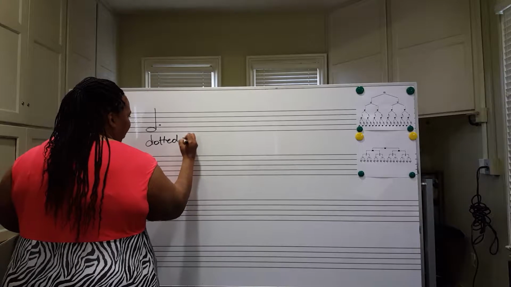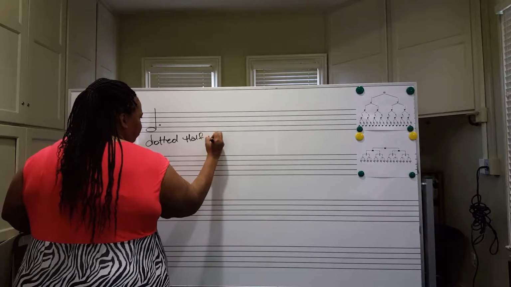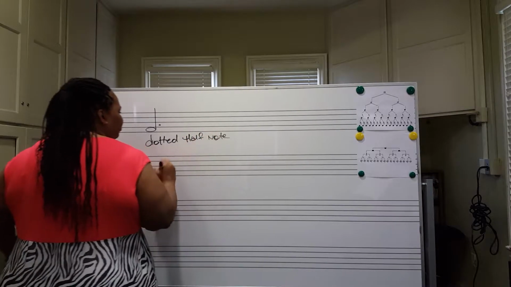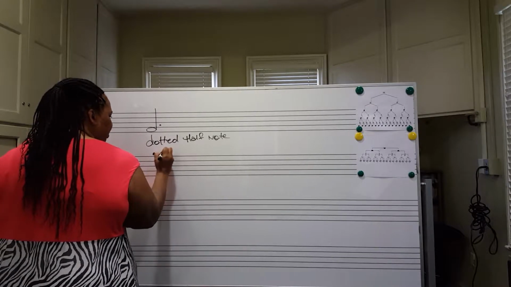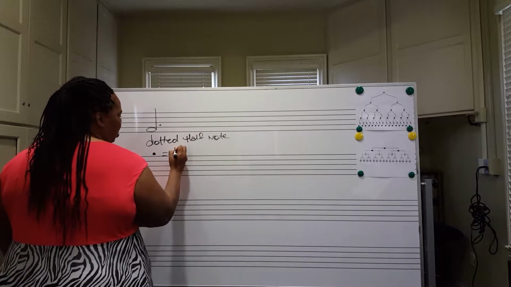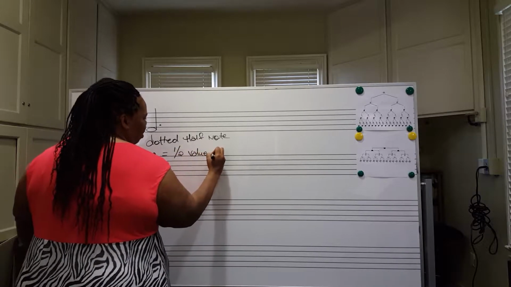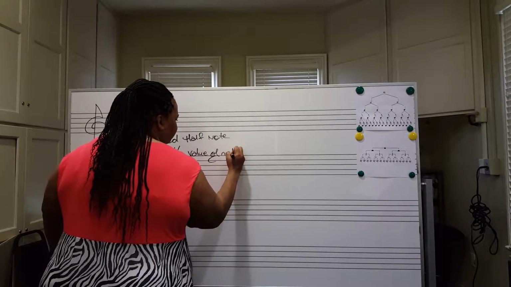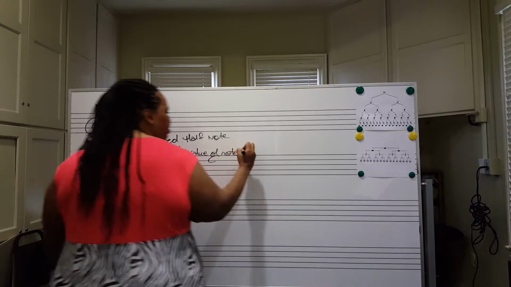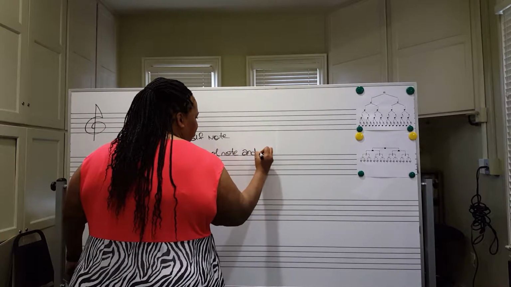In this case, a dotted half note. What the dot does, it simply takes 1/2 of the value of the note and adds that value to the note.